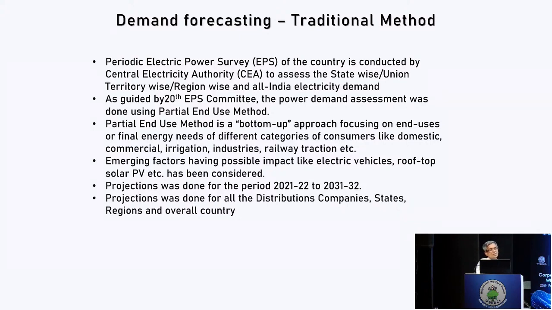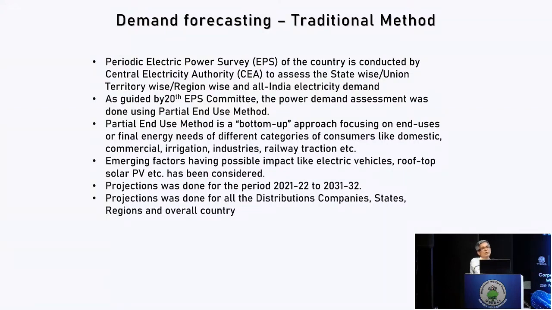We look at how the sales is growing over these categories over the years. Then we fit a trend. With that trend, we see how the total sales will be. Then we apply losses, then we apply load factor, etc. And we see the demand. That is the traditional method.